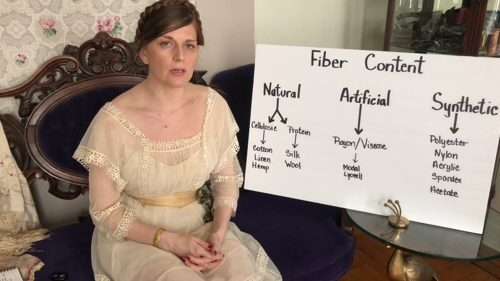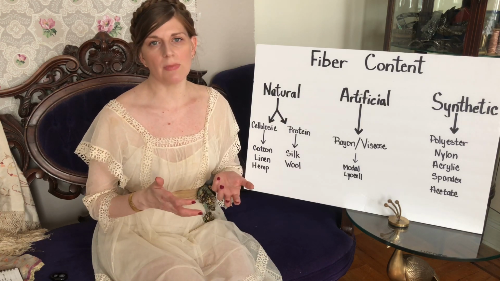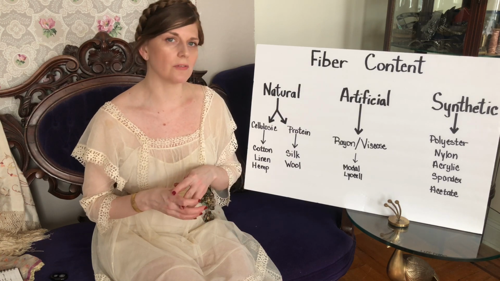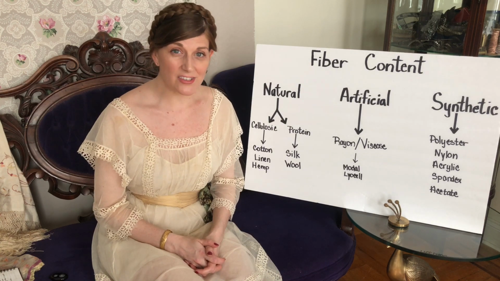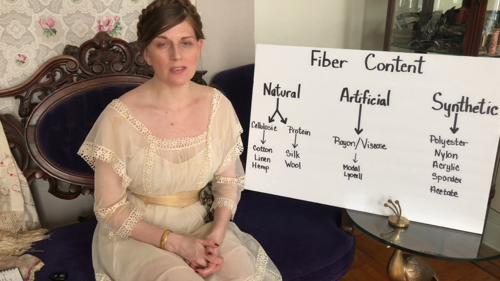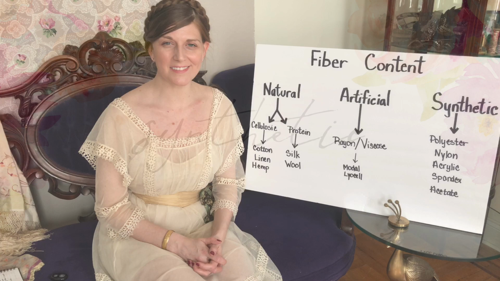So something to look for, you'll see a lot when you're making clothing. If you're making reproduction clothing from the 40s or 50s, you'll use a lot of rayon because they had a lot of rayon then. So interesting fiber, and one definitely to be aware of.